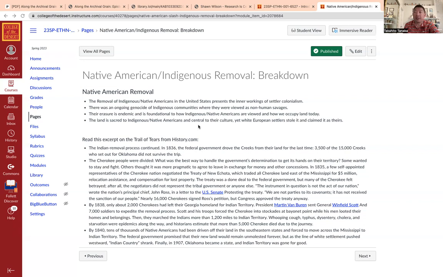And so this is where we see this large contradiction when we look at Native American removal, especially when you have all of these treaties through the federal government that are put into place. So when we think about areas like Georgia, the Atlanta area, these are very, very sacred lands, even to this day, to Native Americans, especially the Cherokee, who were deeply impacted by this removal.